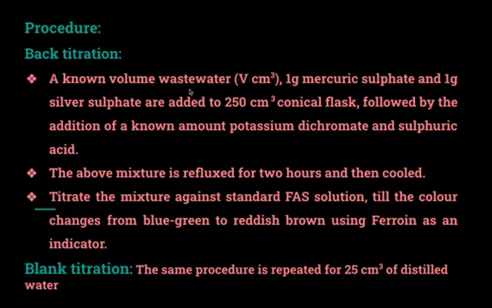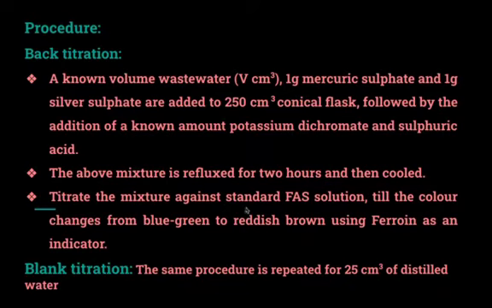So the known volume of wastewater along with 1 gram mercuric sulfate and 1 gram silver sulfate is taken in a 250 ml conical flask, and to that known amount of potassium dichromate and sulfuric acid is added. Now this mixture is refluxed for 2 hours. That means it is heated for 2 hours and then cooled to room temperature.